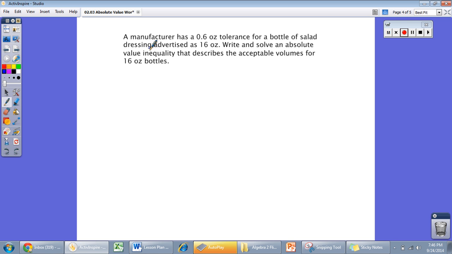Now we have another problem, and this is sometimes typical of some of these problems because it provides us with the tolerance and it gives us the average amount. So it says to write and solve an absolute value inequality that describes acceptable volumes, and that's the key word that we need to look for here. We're looking for acceptable.